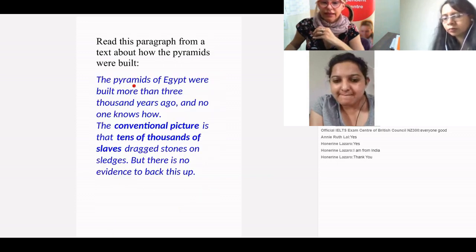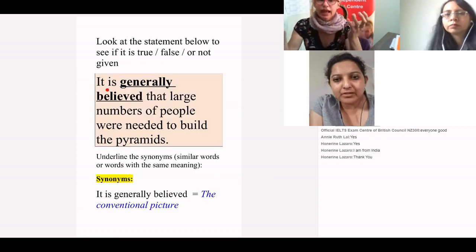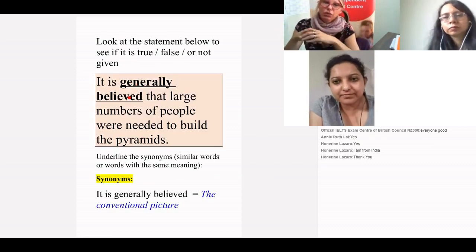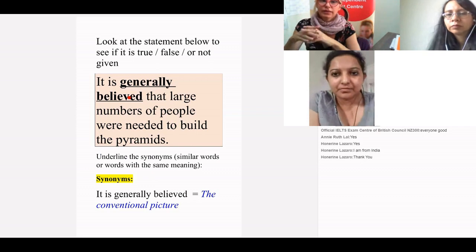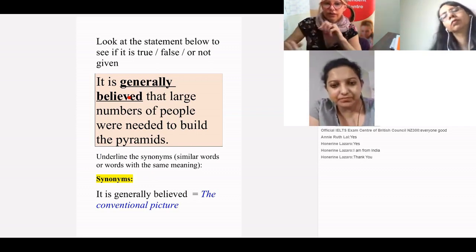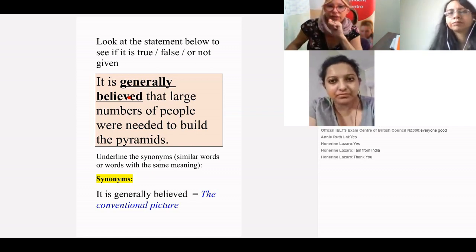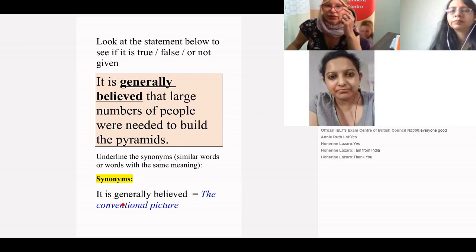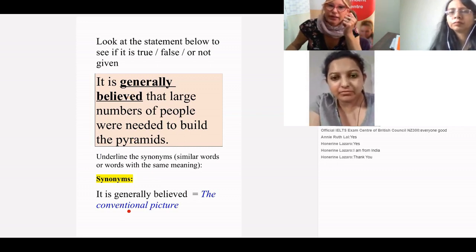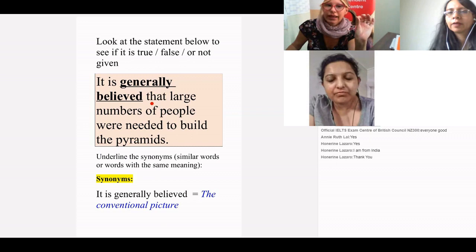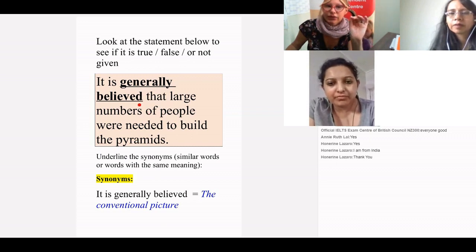Okay, so here it says the conventional picture is that, and in here it says it is generally believed that. So the two things are the same. And what you need to be aware of is the meaning of this word here, conventional picture. Okay, so that's the first part of the statement that has been proven to be true.